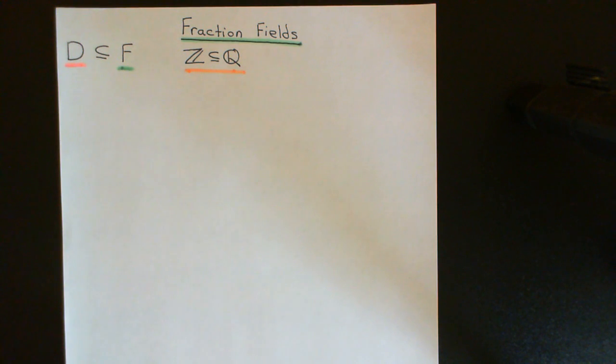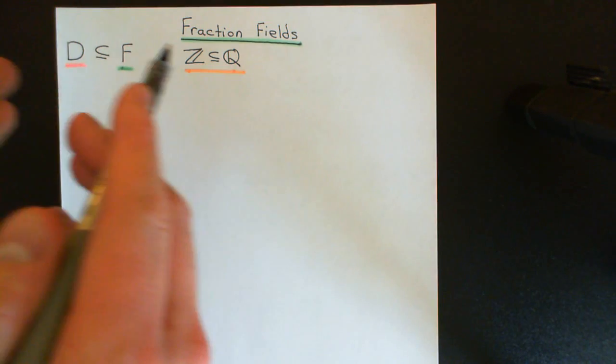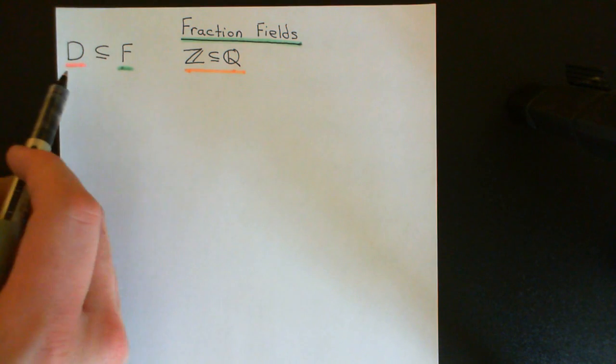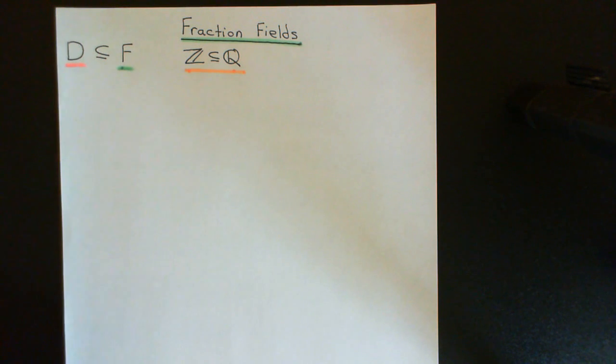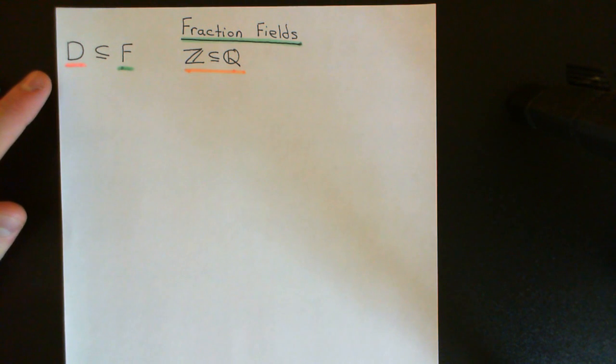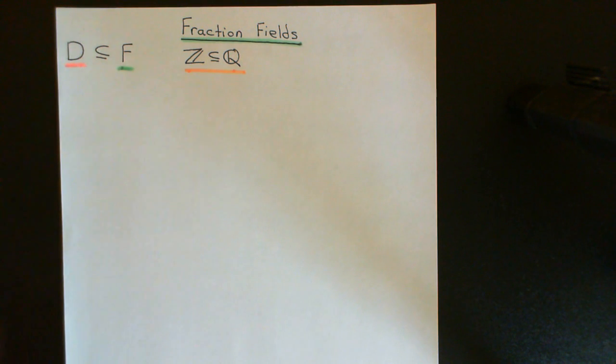Okay, so what we want to do is look at this formally, but we're going to do it in more generality. So we're specifically going to look, for an arbitrary integral domain, at how you construct a larger algebraic structure which contains the initial algebraic structure, but which is a field rather than just an integral domain. Now, I should just make a point here.